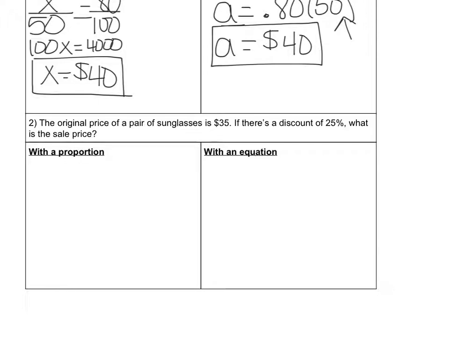Okay, so hopefully you paused it so that then you can see if you can do this on your own. So the original price of a pair of sunglasses, so original, $35. The discount's 25%. What is the sale price? So we have to look at what we pay.